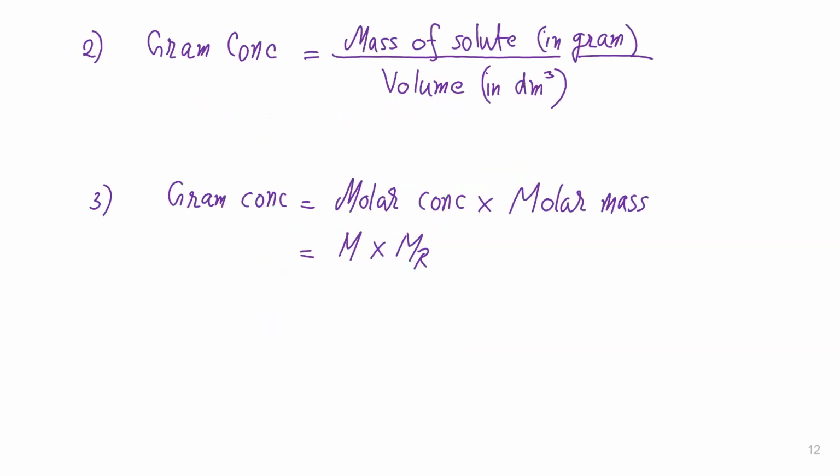Good. Now, look at the second. Gram concentration is mass of solute upon volume. Gram concentration is equal to molar concentration times molar mass. You have to copy this also. Gram concentration is not important.